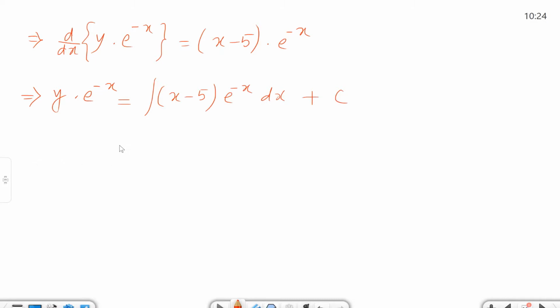So right hand side integral, nothing special. This is an algebraic function and this is an exponential function, so take this as the first function.